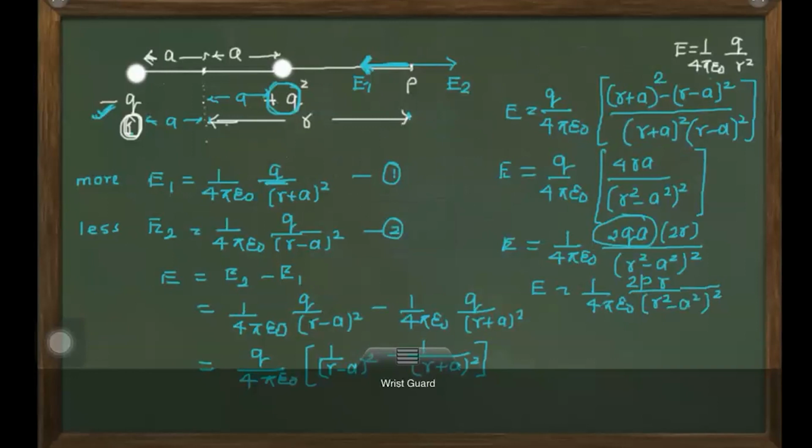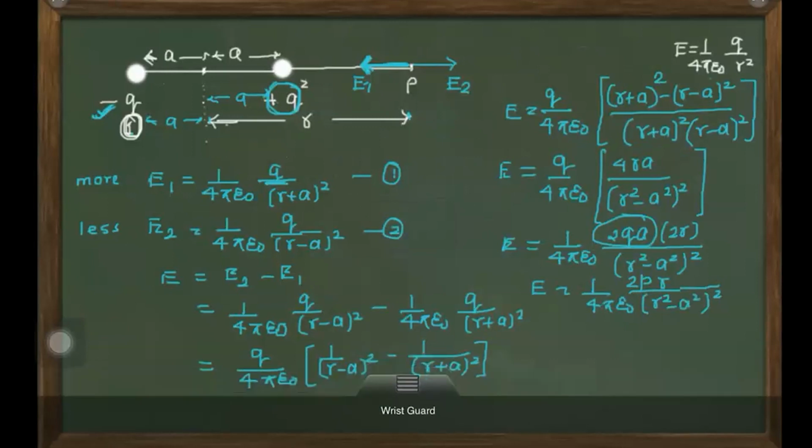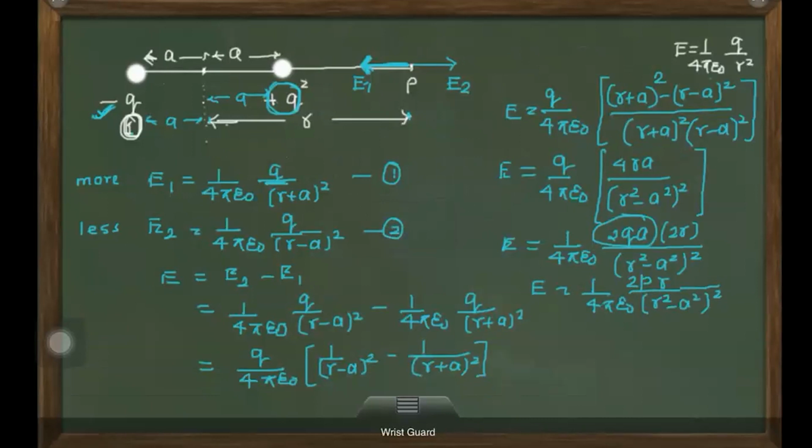But you should know that in an electric dipole the separation is very, very much less than R. Because in the definition, it is told to you that when two charges of equal amount and opposite nature are separated by a very small distance, that is called a dipole.